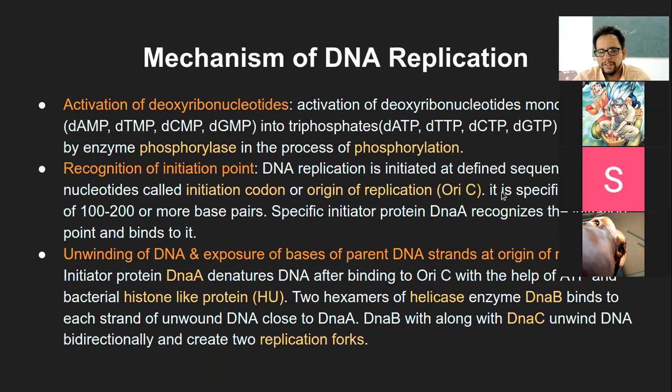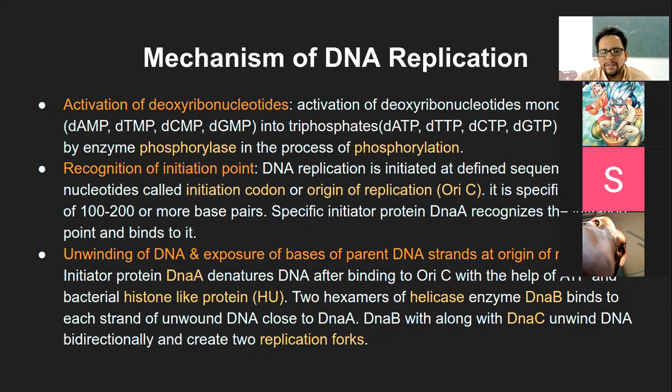I hope this first part is clear to you all. We'll move on to the next step. I will show you the whole of this process, though it does not completely explain each and every minute detail like this. But that video will be a kind of revision of the whole process. First step: activation of nucleotides from monophosphate to triphosphate.